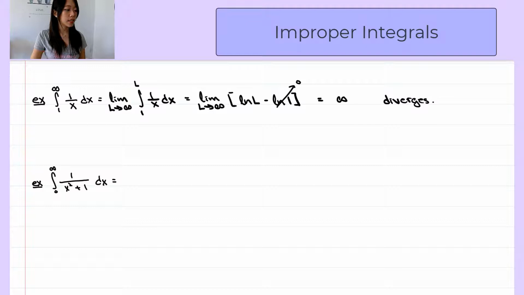Now let's look at the second example. The integral of 1 over x squared plus 1, evaluated from 0 to infinity.